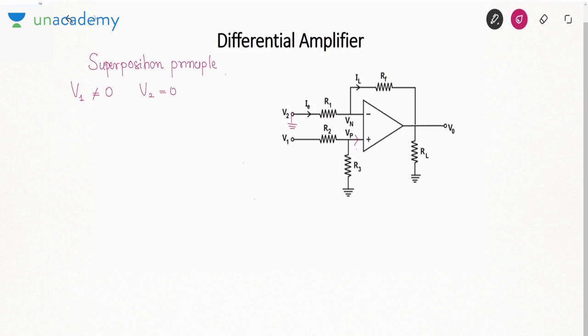Now the current here is 0 ampere, which means these two are in series. So we can find out VP using voltage division: V1 into R3 over R2 plus R3. Now since you have grounded this V2, you can draw this circuit like this.